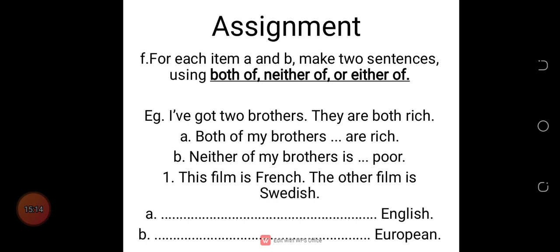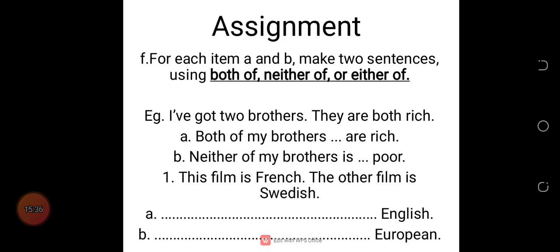So you see, I've used both. I have two brothers, they are both rich, so both of them are rich. Then neither of my brothers is poor. We are not saying neither of my brothers are. We are saying what? Is. Take note of that.